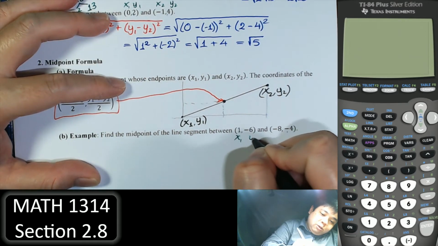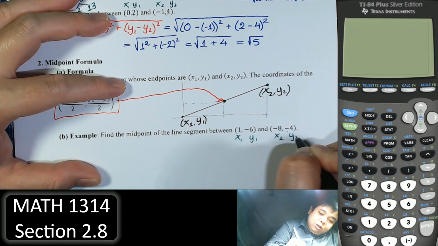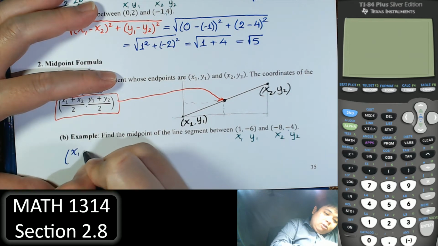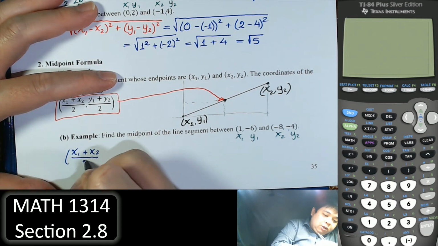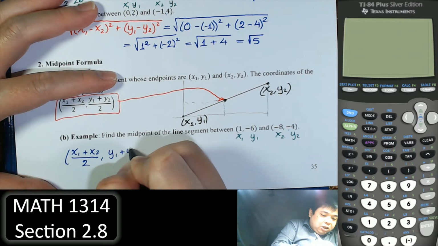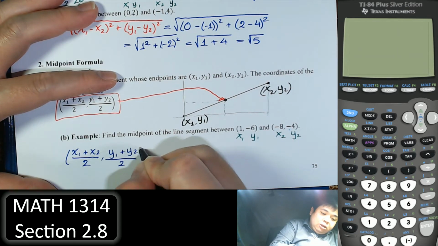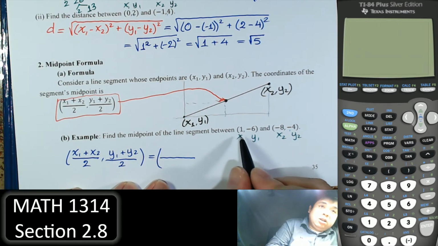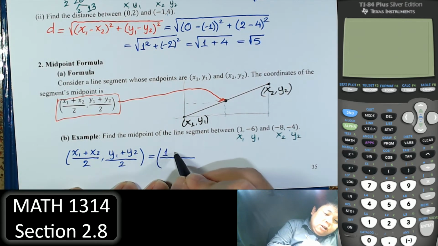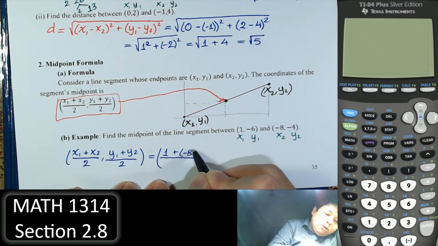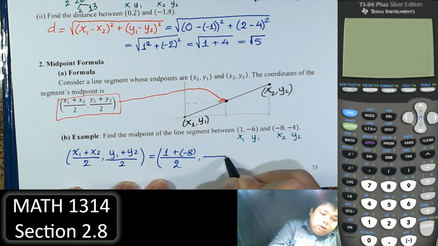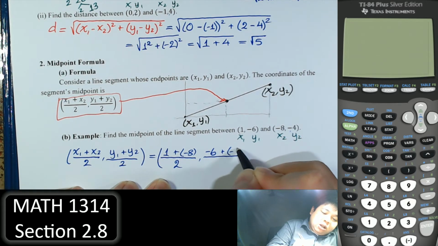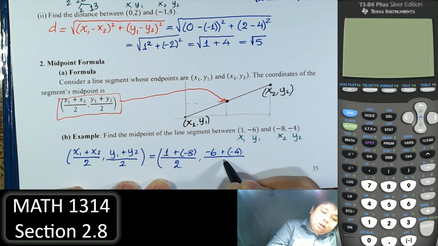So x1, y1, x2, y2, and the midpoint is x1 plus x2 divided by 2, comma, y1 plus y2 divided by 2.